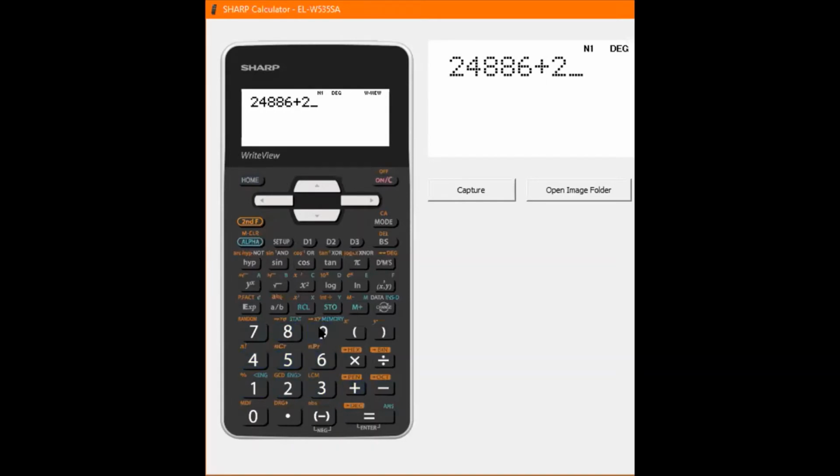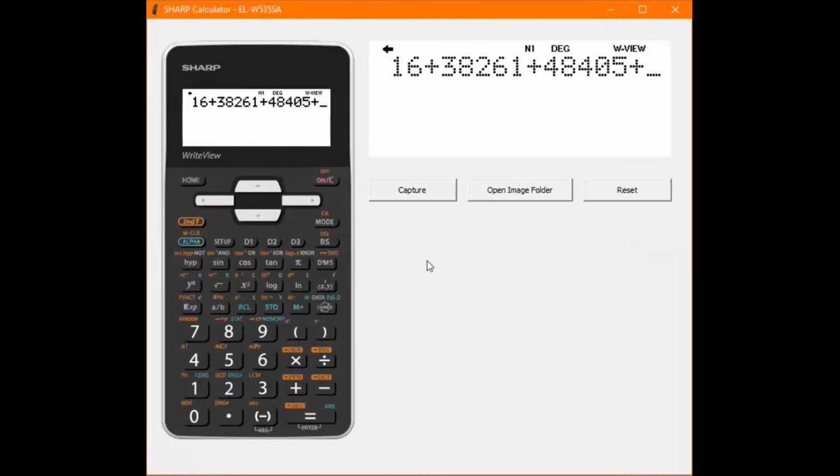Plus 29,927 plus 33,116 plus 38,261 plus 48,405. I'm hoping you're sensing a trend here as I'm reading out these numbers.